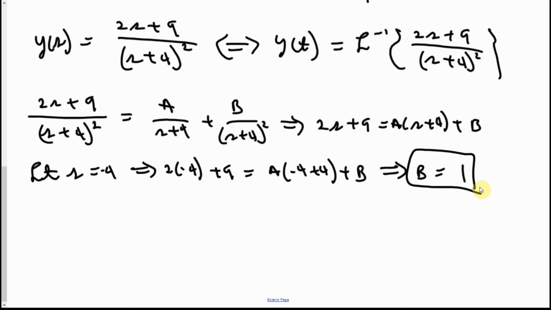Now we need to solve for A. We don't have any more let statements because there was only one factor for s. So this is 2s plus 9.